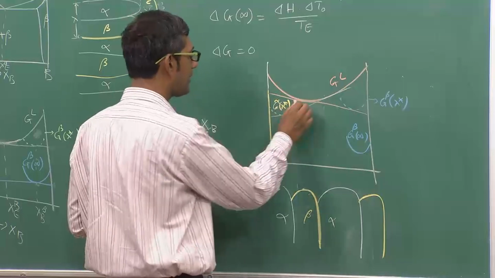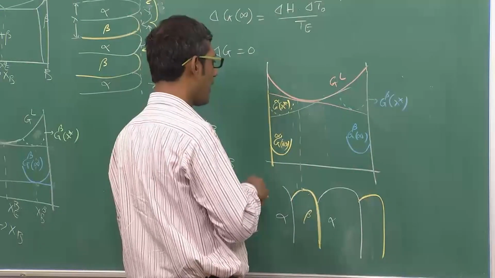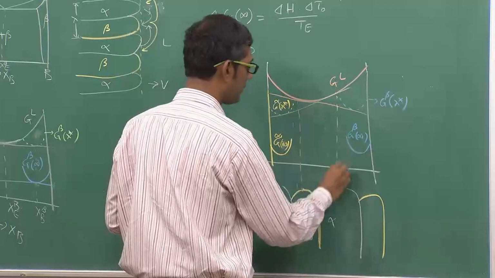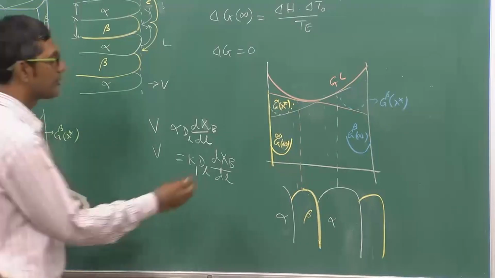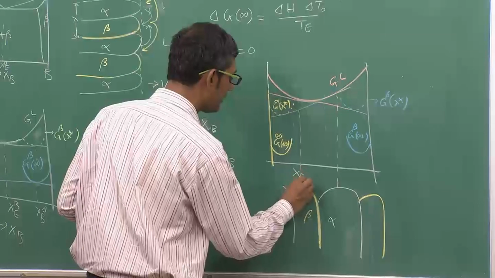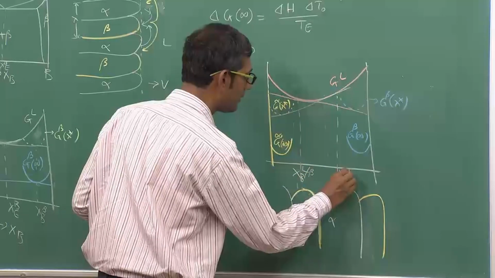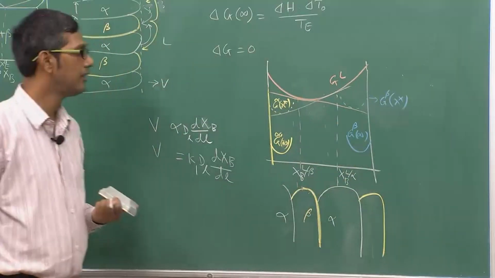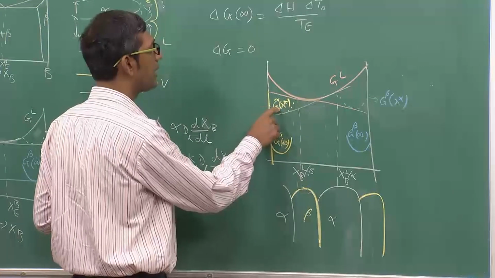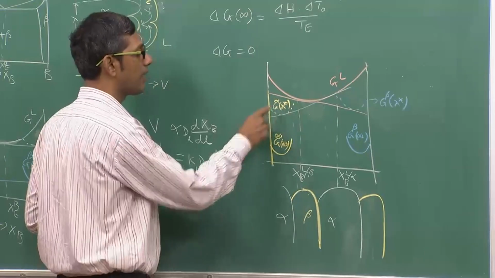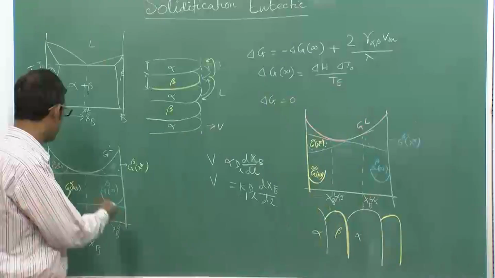As you clearly see, the equilibrium compositions at the tips of the alpha and beta are given by these dotted lines. So, this is equal to x liquid beta, and this is equal to x liquid alpha. Why? Because I am drawing a common tangent between G alpha at lambda equal to lambda star with G liquid. That is what has to be done.